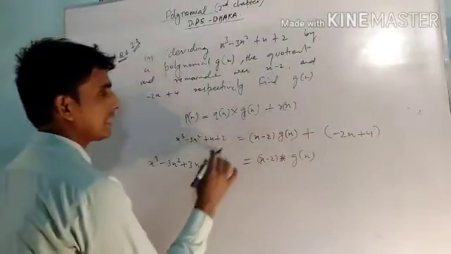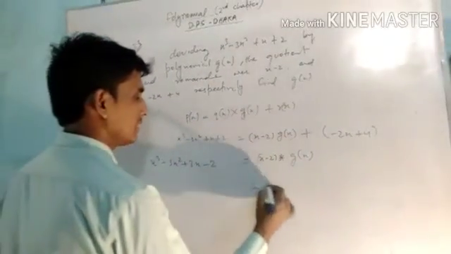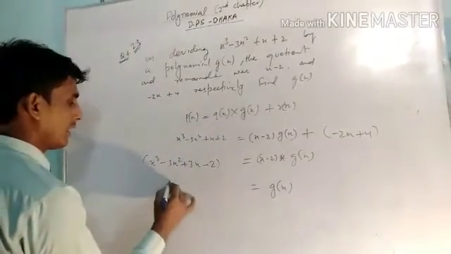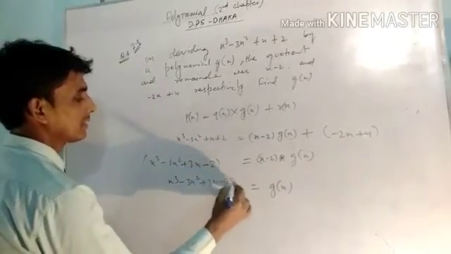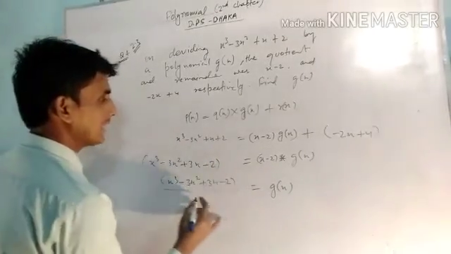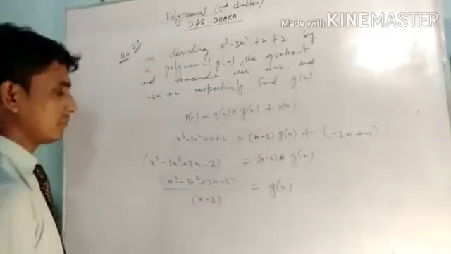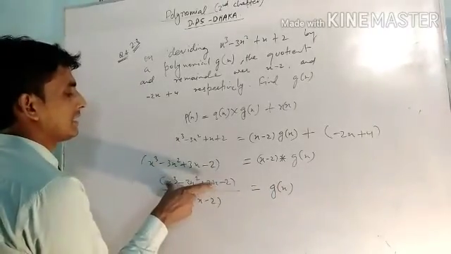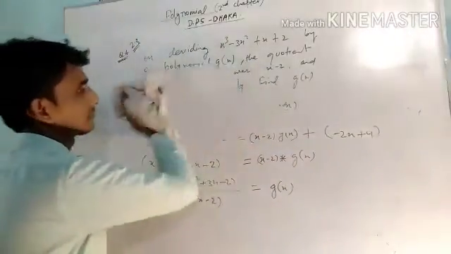It will come to this side and become negative, therefore minus 2. Now gx is equal to what? gx is equal to x cube minus 3x square plus 3x minus 2 divided by x minus 2. So to find out the gx, we have to divide this polynomial by x minus 2. So now we are going to divide this.